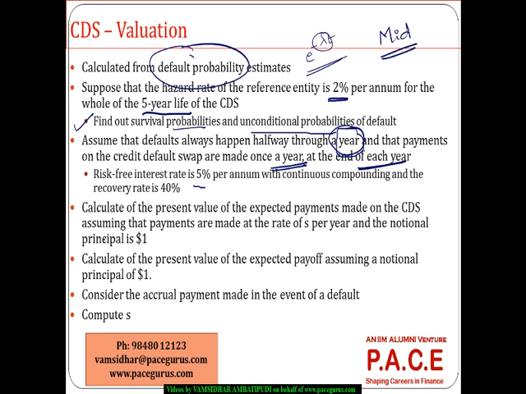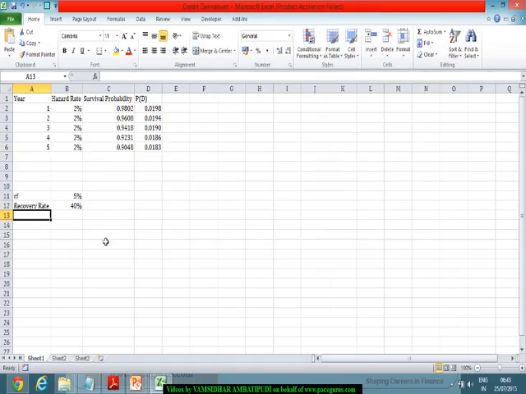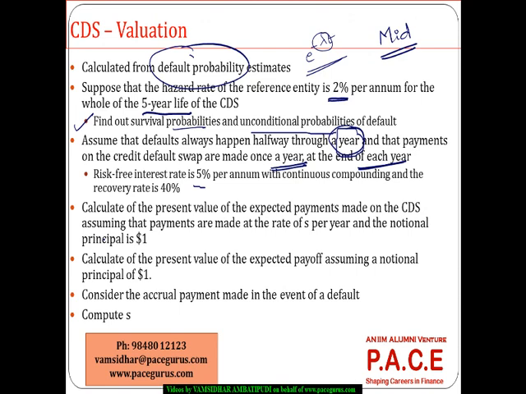When will the payments be made? The payment is typically made during survival, because if default has occurred, there is no need to make the premium payment except in the year when the benefit has been received.